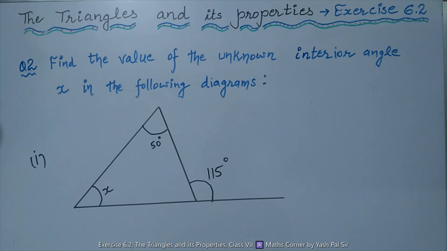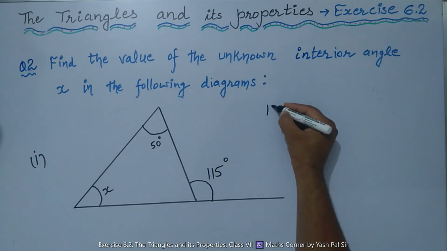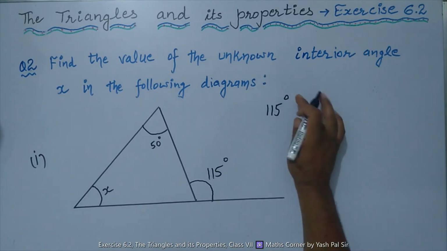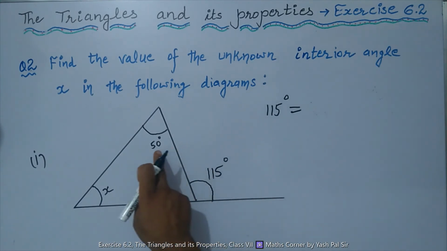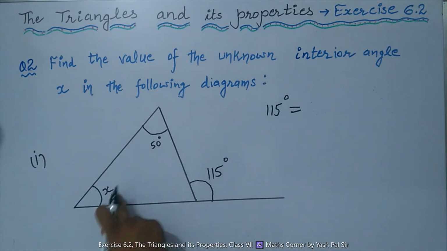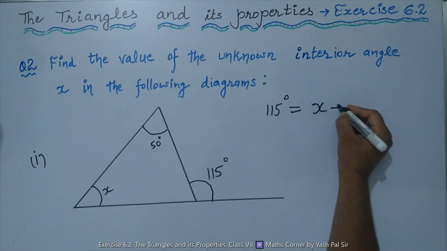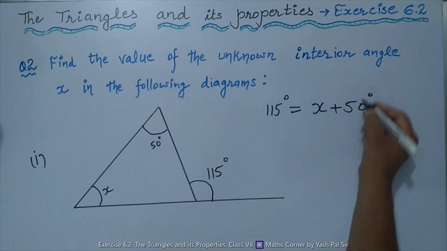So what is the property? The property is that the exterior angle, 115 degrees, is equal to the sum of the opposite interior angles, that is x plus 50 degrees.